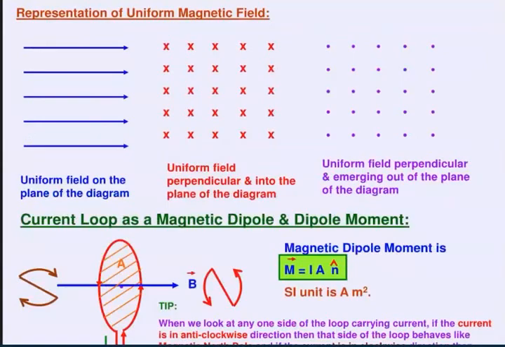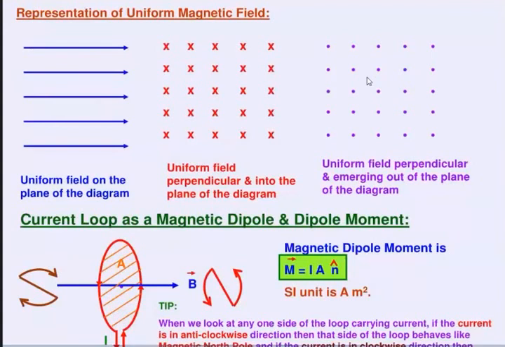Now, representation of magnetic field. In the previous class, we have discussed magnetic field lines and the properties associated with magnetic field lines. Magnetic field is an abstract thing that cannot be visualized.